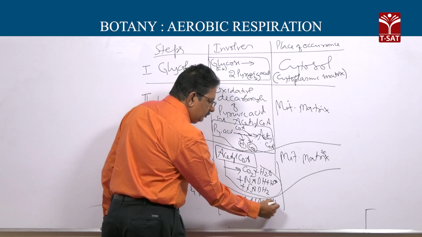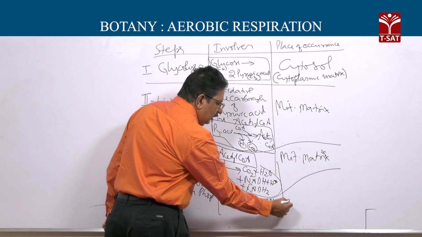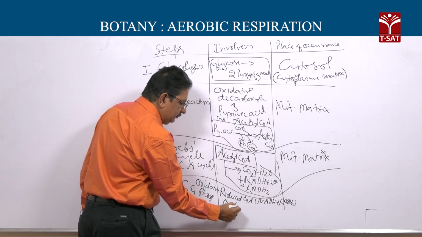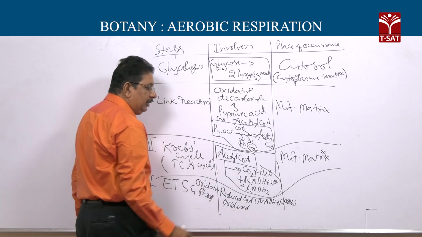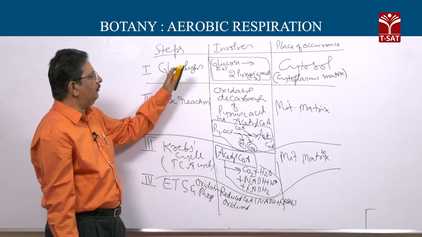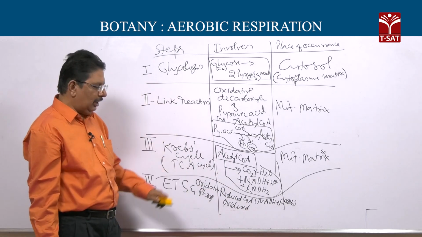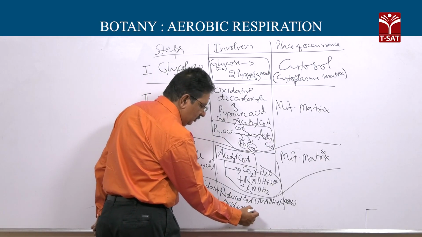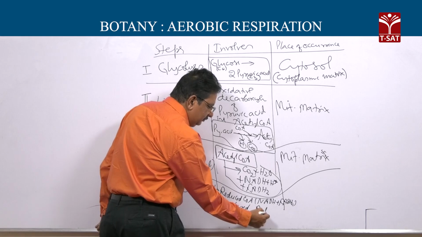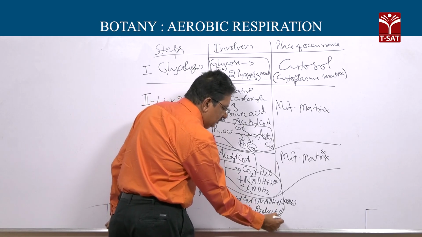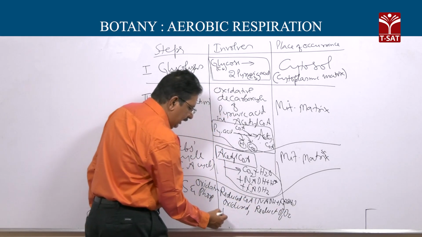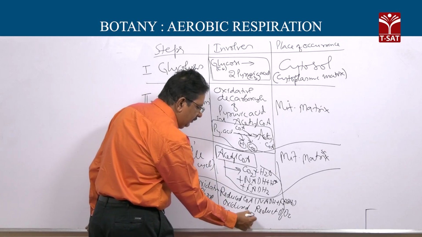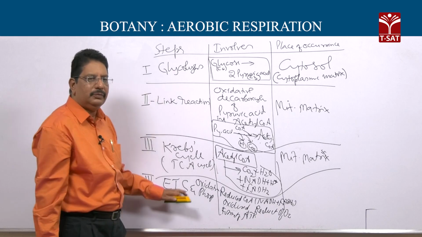NADH and FADH2s are oxidized. So, reduced coenzymes which are formed in various steps undergo oxidation, and oxygen is reduced, followed by the synthesis of ATP.